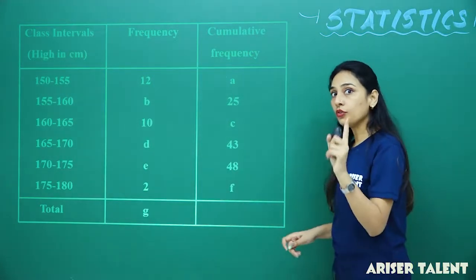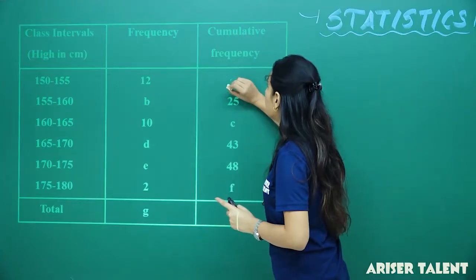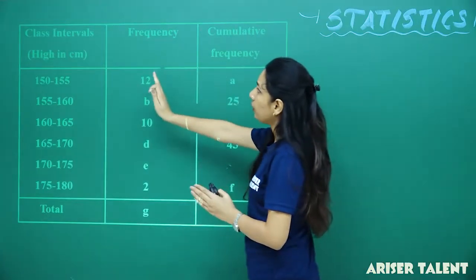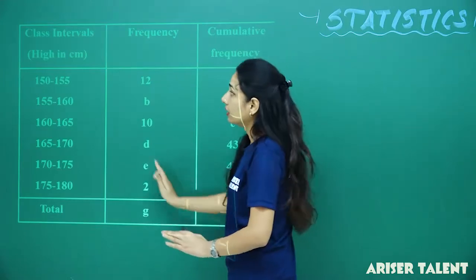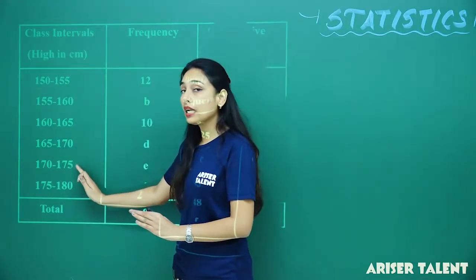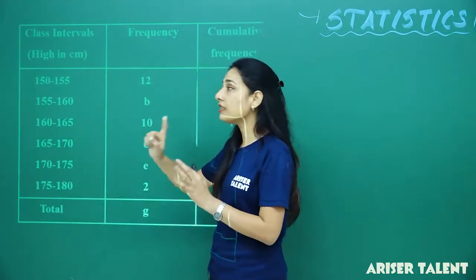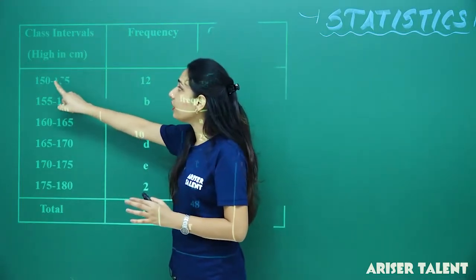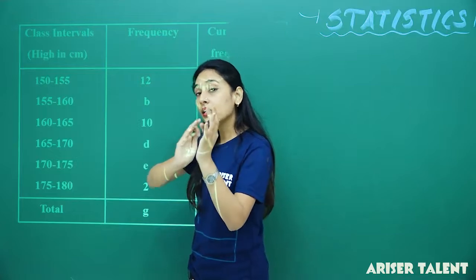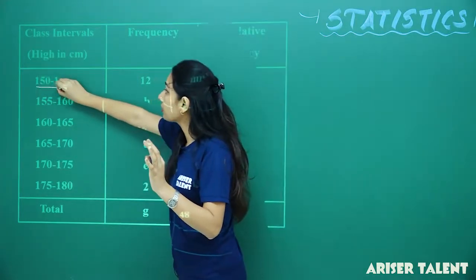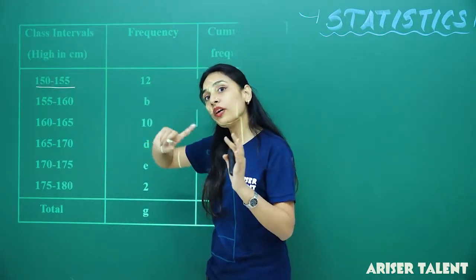Okay, now you all know what cumulative frequency means. This is the class interval. Class interval means height in centimeters. Centimeters from where to where? You have some students whose height is in between the range 150 to 155.